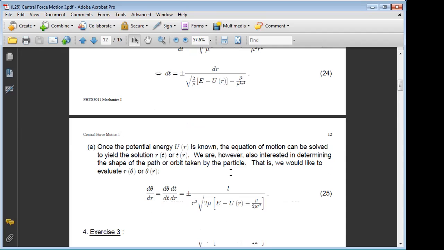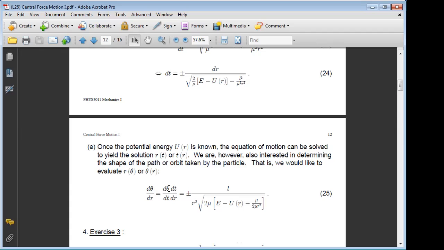Now, instead of expressing the solution as R as a function of t, we can also express the solution in terms of R as a function of theta. All right. So this is the trajectory. So d theta/dr equals d theta/dt times dt/dr.